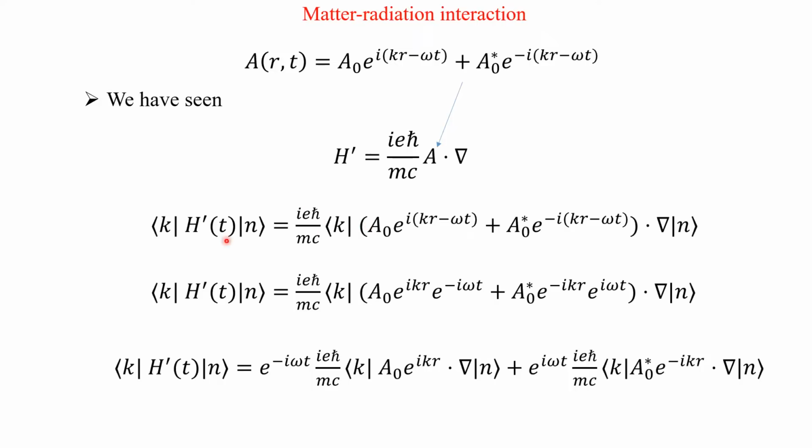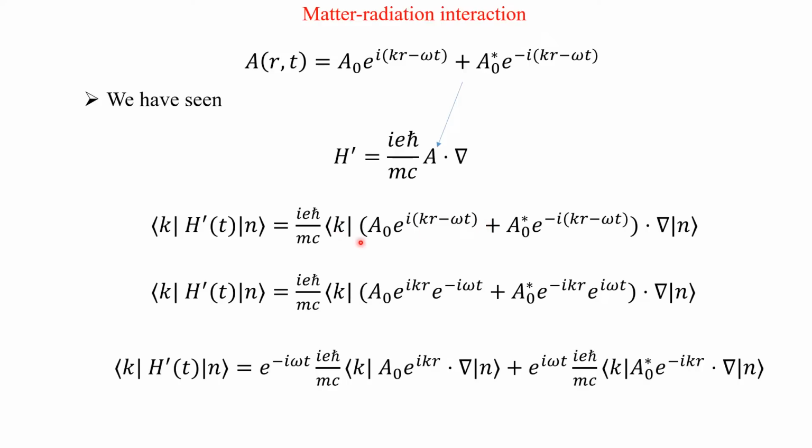Then if you take the inner product of the right hand side and left hand side with the ket n, so you will get ⟨k|H prime(t)|n⟩, which is equal to i h cross over mc, a constant we are taking out, and we are keeping this A dot e power i k exponent term.